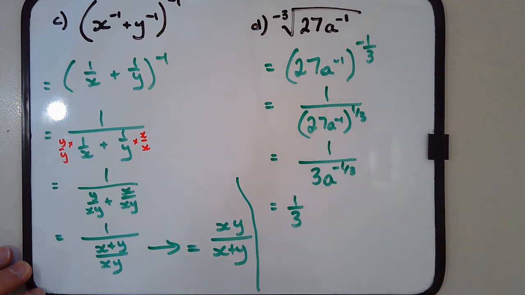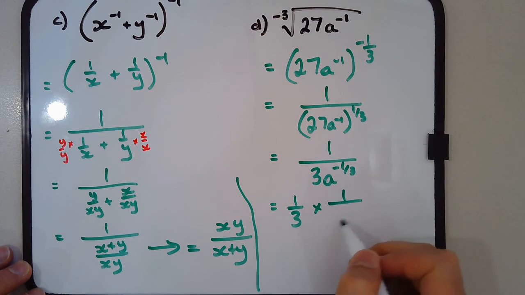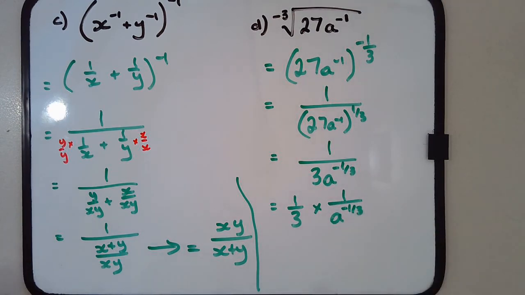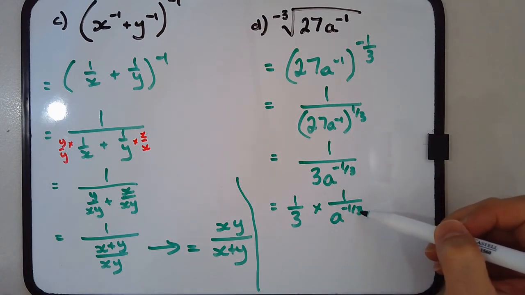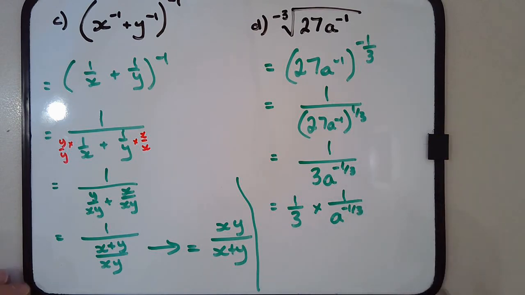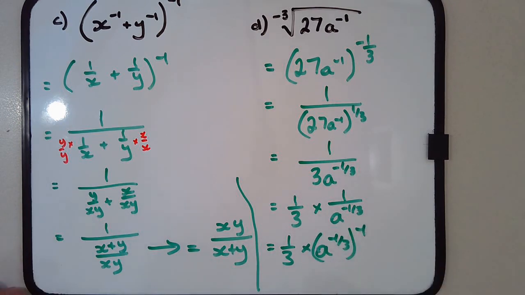So I'm going to separate this fraction now into two fractions, multiplied by 1 over a to the -1 on 3. The -1 on 3 implies a reciprocal, but there's a reciprocal already. So this is really to the power of -1, isn't it? So I'm going to run out of space here. Hopefully I might have enough. So that's multiplied by a to the -1 on 3, to the -1.